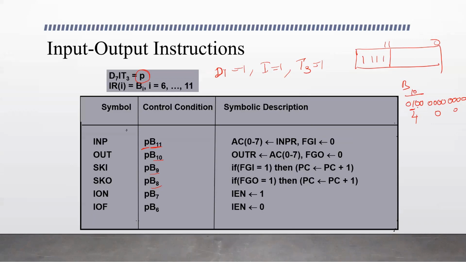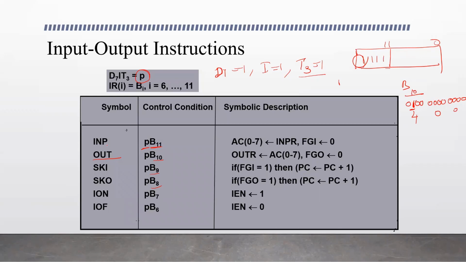When D7 is 1, I is 1, time is T3, and B10 is set to 1, the instruction is recognized as the OUT instruction. This way the control conditions are given, and let's see the micro operations performed here.